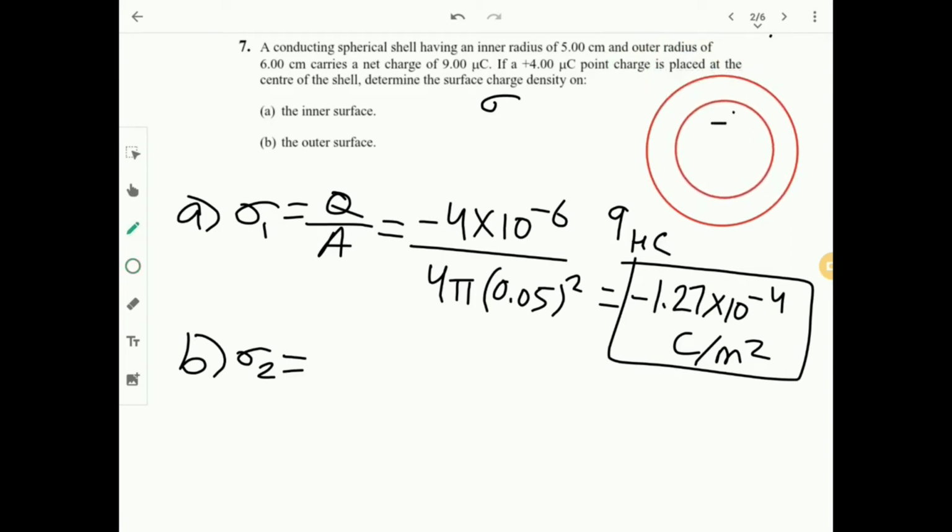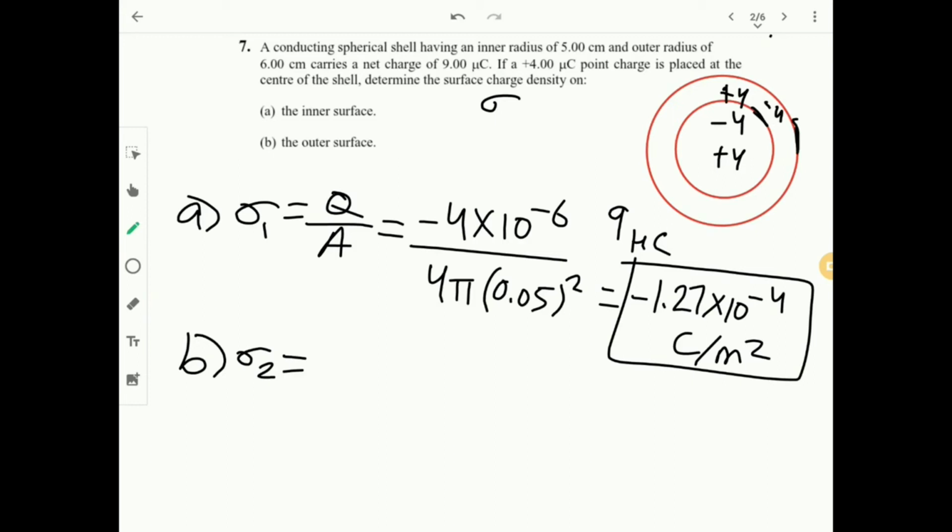I had a -4 here last time and I had a +4 here. Putting the -4 here, what do you think this causes? Well, it causes a +4 on the top part of the inner surface, and that +4 again causes a -4 on the bottom part of the outer surface. Seems complicated. If you think about it, it's not.